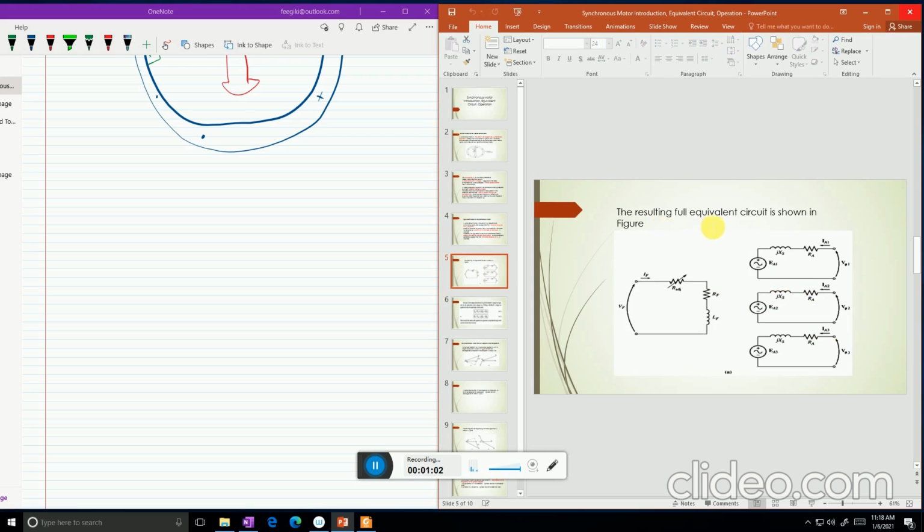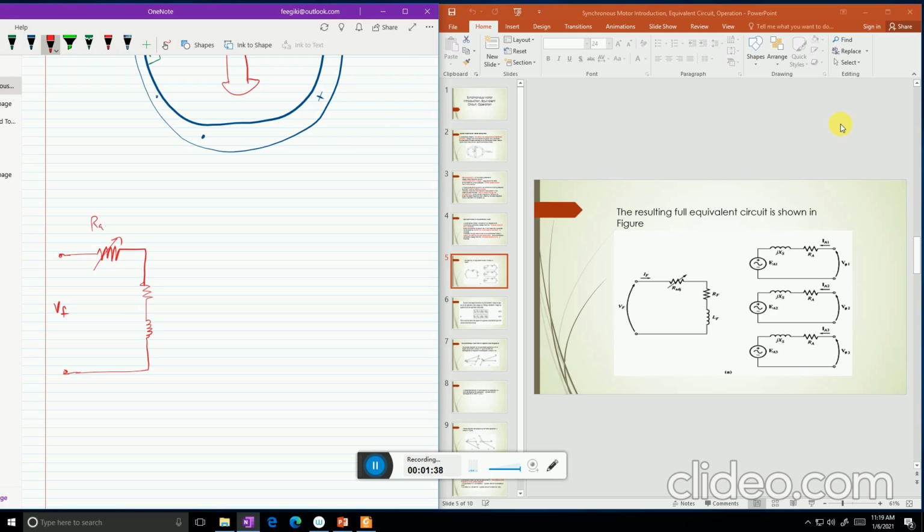So this is the equivalent circuit of the synchronous motor, and we constructed the same kind of equivalent circuit during the study of the synchronous generator. I am going to draw it here. This is the field circuit, the rotor winding. This is the adjustable resistance to control the field current, the field resistance RF, and the field inductance LF, and VF.